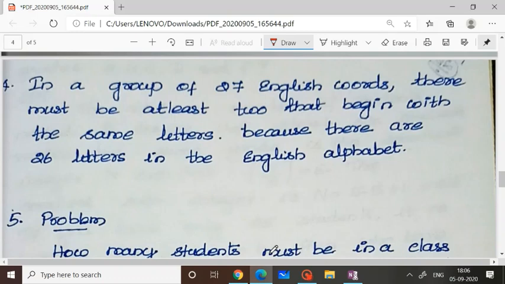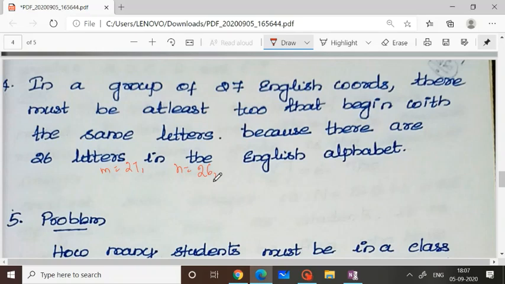The next one. See here, there is another example. In a group of 27 English words, there must be at least 2 that begin with the same letter. Because there are 26 alphabets in English. So how will you consider this? Here m is equal to 27 and n is equal to 26.